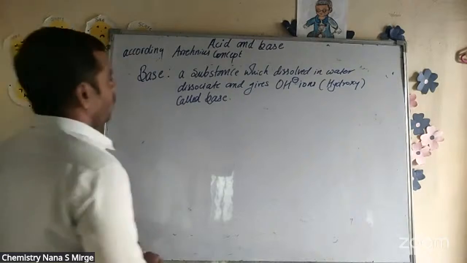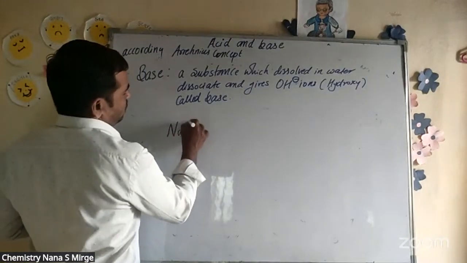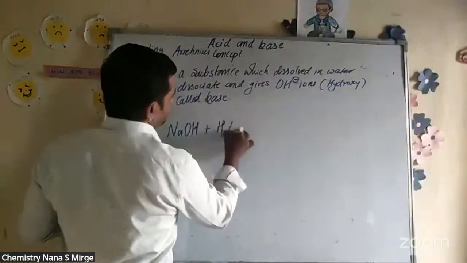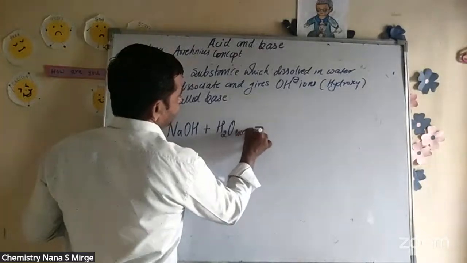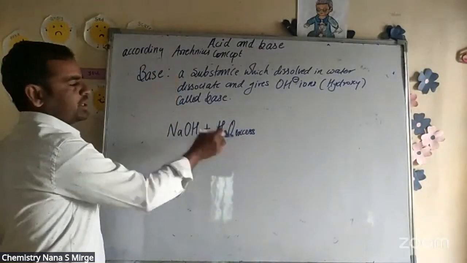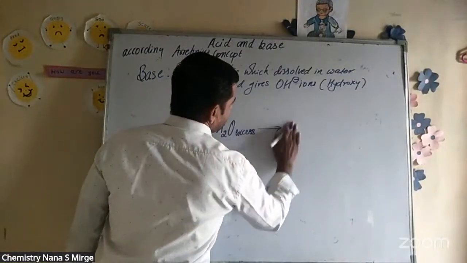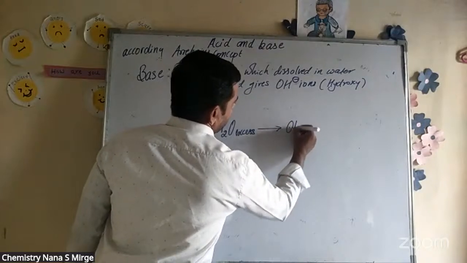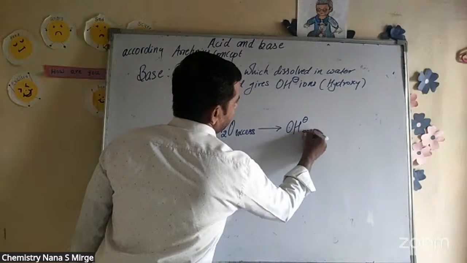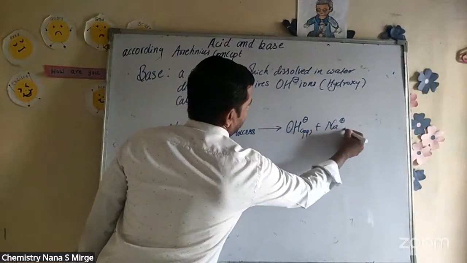So how can you define it? Suppose you have sodium hydroxide. No doubt, sodium hydroxide is a base. You dissolve it in an excess amount of H2O. Excess means if you put 2 grams of NaOH, you put it in 1000 ml. It gives OH negative ions in aqueous form and Na positive ions in aqueous form.